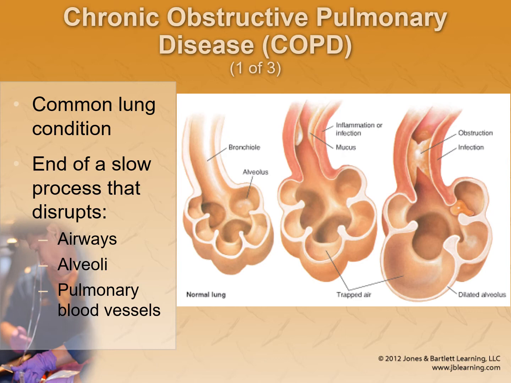So what is it? It's important to understand that there are, I call them different flavors of COPD, and not all of them are the same, and how you manage them is not necessarily all the same. So the common trait between all of them is that you have an obstructed lung, as the name would imply. And where that obstruction typically occurs is in the moderately sized air passages, right?